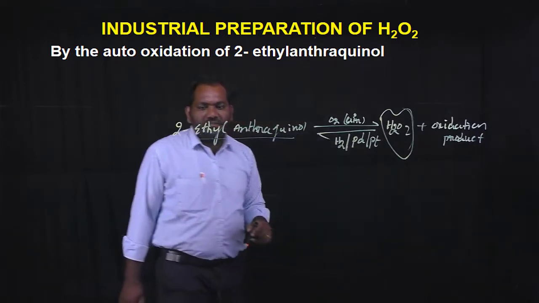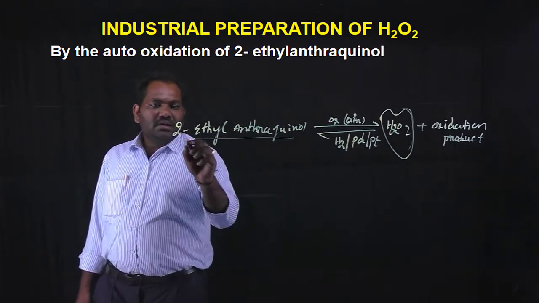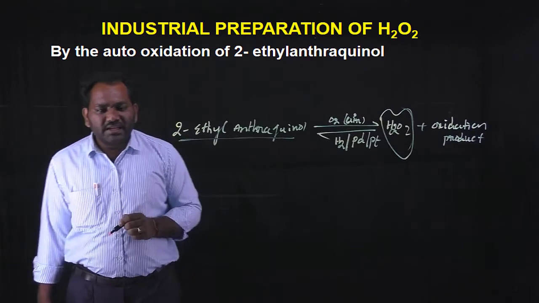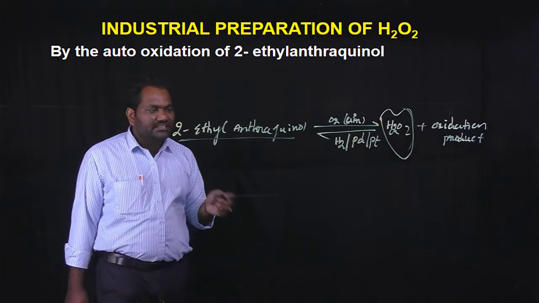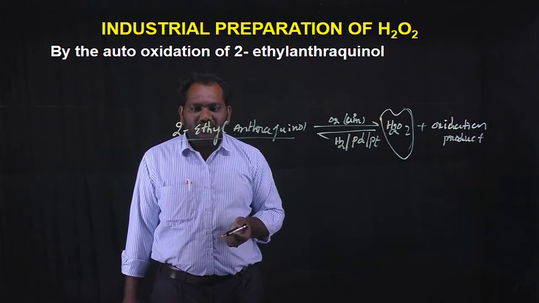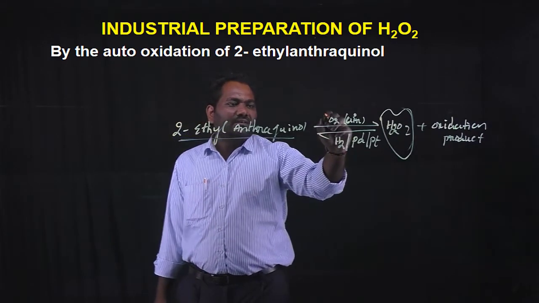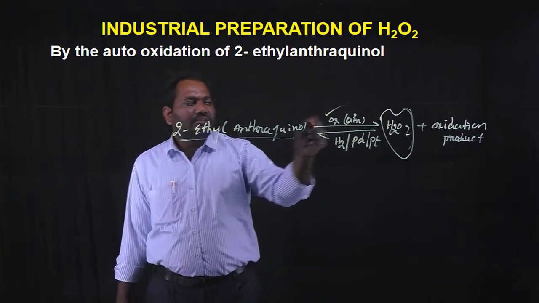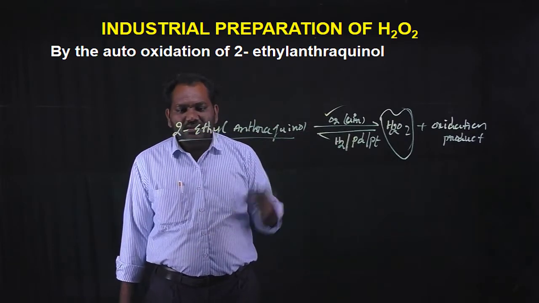Okay, that hydrogen peroxide is obtained by the auto oxidation of 2-ethyl anthraquinone. This reaction is a reversible reaction. If you send excess oxygen, 2-ethyl anthraquinone is converted to H2O2 plus anthraquinone.